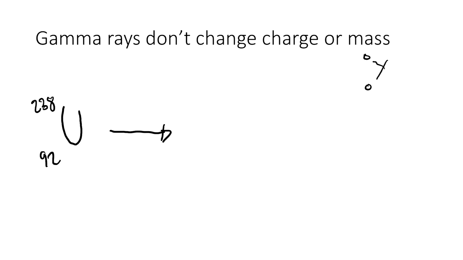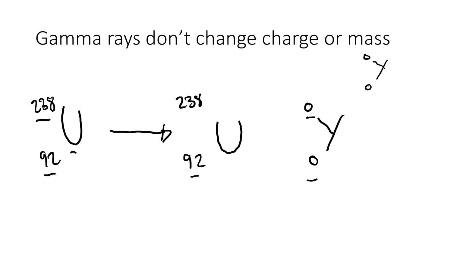This going through gamma radiation would produce our gamma wave, which has a mass of 0 and an atomic number of 0. Therefore, the mass number wouldn't change, so that would stay at 238. The atomic number wouldn't change, so that would stay at 92. And therefore, the element wouldn't change, because it has the same atomic number. So it would still be uranium.